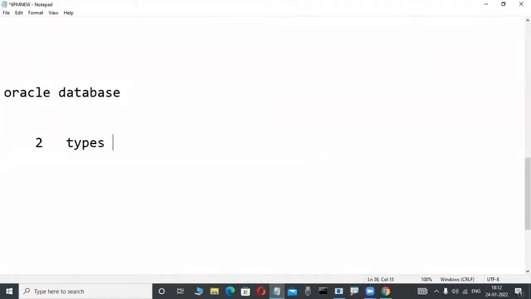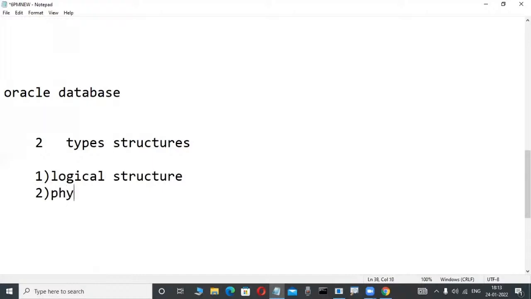One is the logical structure, another one is the physical structure. What is a logical structure?